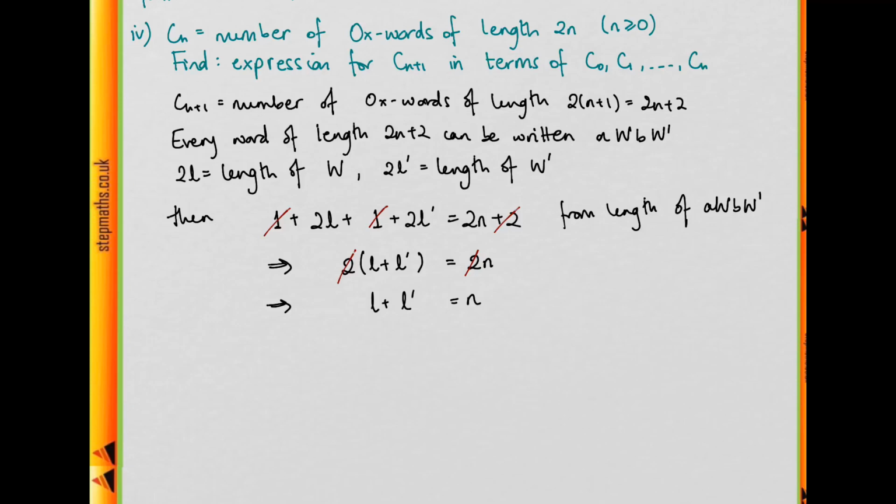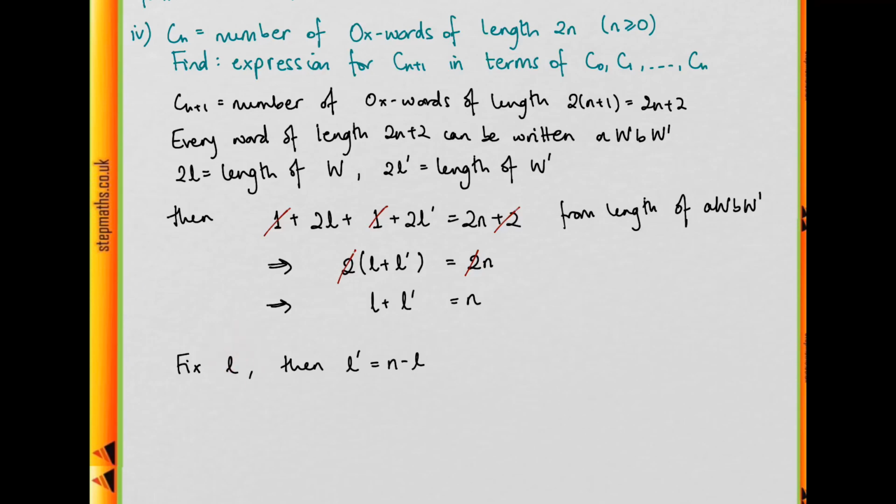So if we wanted to find all of the possible choices for W and W dash, then we just need to figure out how many different ways there are of choosing their lengths so that this equation is true, and then for each of those lengths, how many different words there are that we can choose W and W dash from. Okay, so say I choose an L, then I know that L dash must be n minus L, because L and L dash have to add up to n.